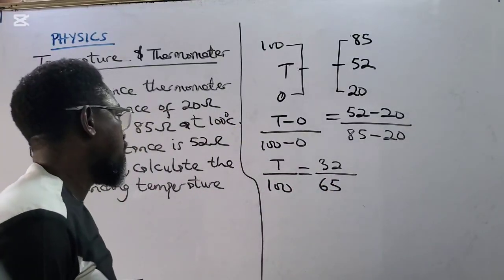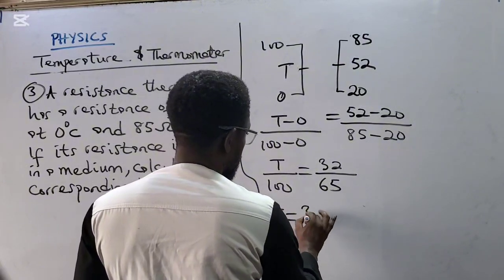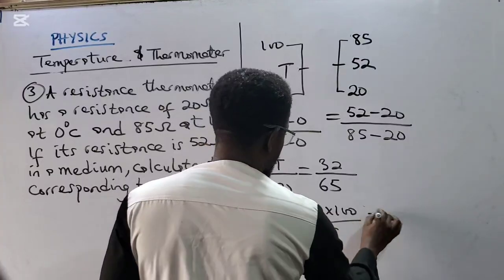Now cross multiply, we get T equal to 32 times 100 divided by 60.5.